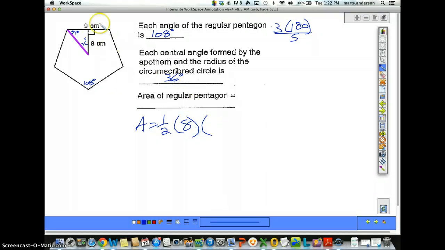In this case, the perimeter will be 9 sides, and there's 5 of them. 9 times 5 is 45. So the area is going to end up being 45 times 4. My area is 180 centimeters squared. Okay, 1/2 times the apothem times the perimeter.